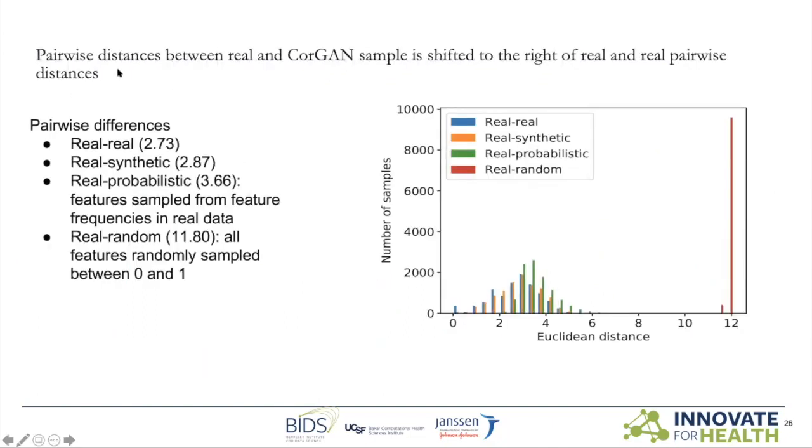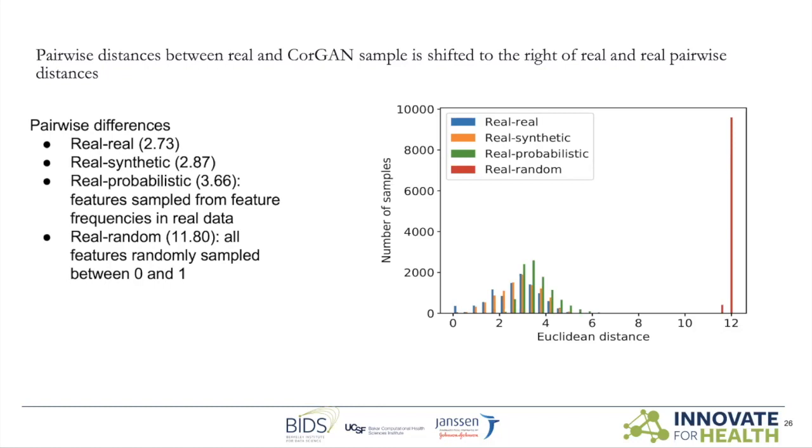So we ran this nearest neighbor pairwise distance analysis between real and CorGAN samples just to look for these patterns. We did 4 different distributions of distances: between real and real, and between real and synthetic, in this case the CorGAN. We also did, as a baseline, what we're calling a probabilistic matrix, where each of the features is just sampled from the actual frequency within the real data set.